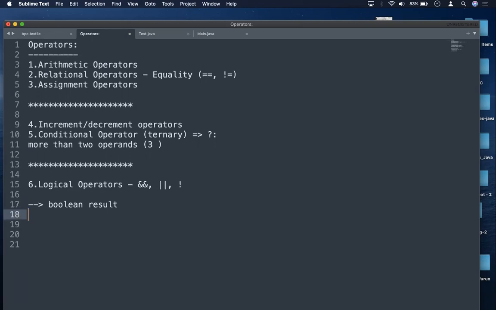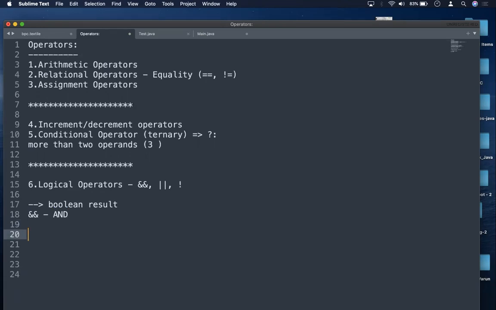Coming to this AND operator, how does it work? This is a logical AND. If you know the truth tables which you have learned in the basic courses of engineering, so we know about the truth table. There is a truth table for AND as well.